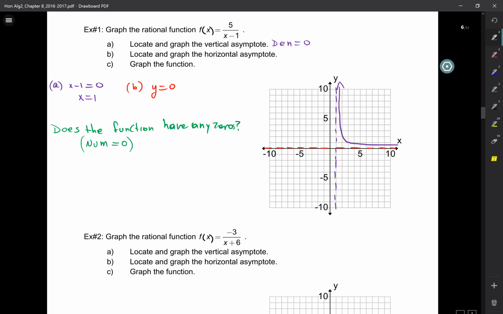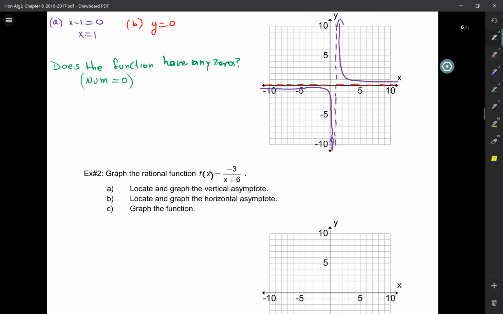So if it exits on top on the right side, it re-enters on the left side here. And it goes that way because there is no other way for it to go. You can look at it in a different light. Here, the values of x are -1, -2, -10. When you plug those in the main function, you get negative values, so it's got to be below the x-axis.